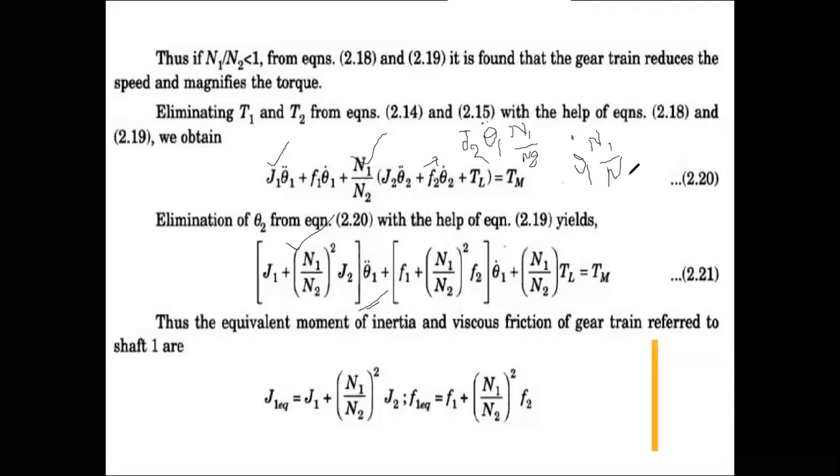When we substitute that, first here theta 1 dot is common with F1. Second one, n1 by n2 whole square into F2. And what is the third one? TL. How did we get this TL? TL into n1 by n2. Because of that, we are getting this. That is equal to Tm. This equation is okay.